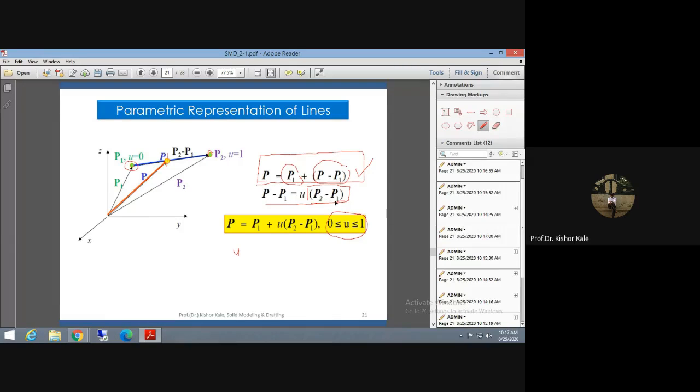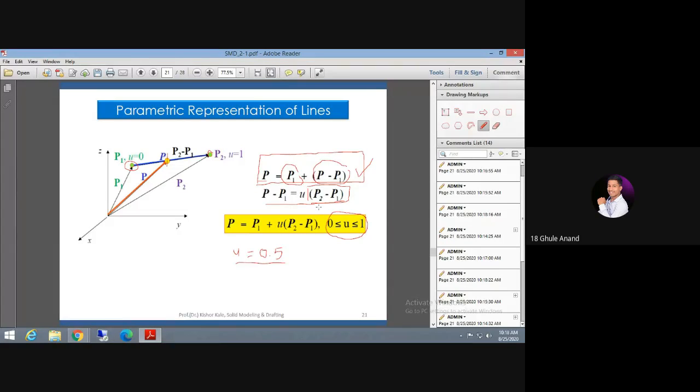P2 minus P1 is the total length. As we say it is exactly at the center, the value of U will be exactly between 0 and 1, so it will be equal to 0.5. If you assume that point P is exactly at the center, then U is 0.5. So 0.5 of P2 minus P1 means exactly half. Correct?